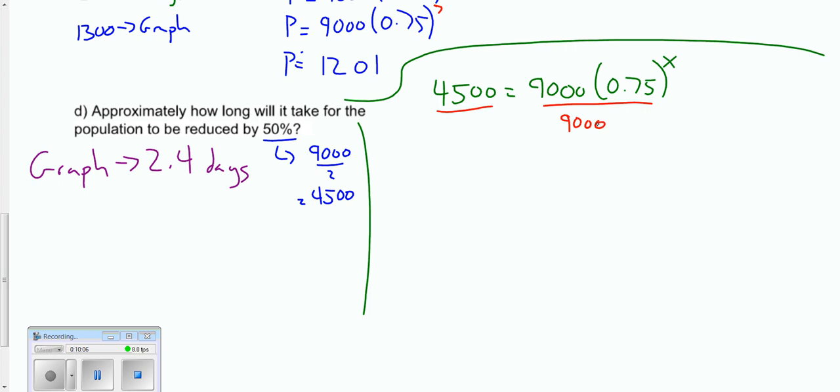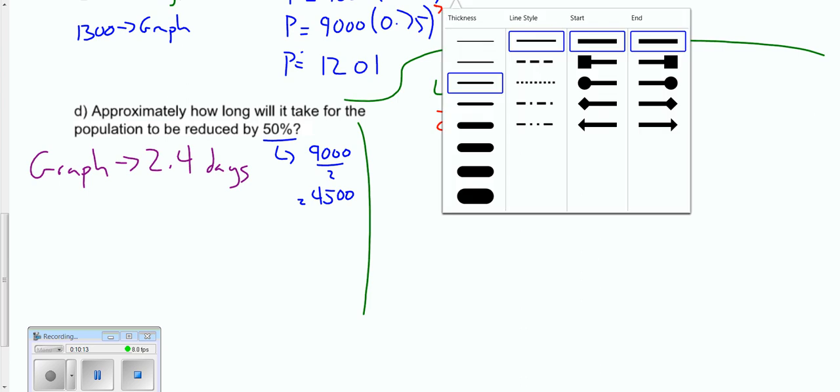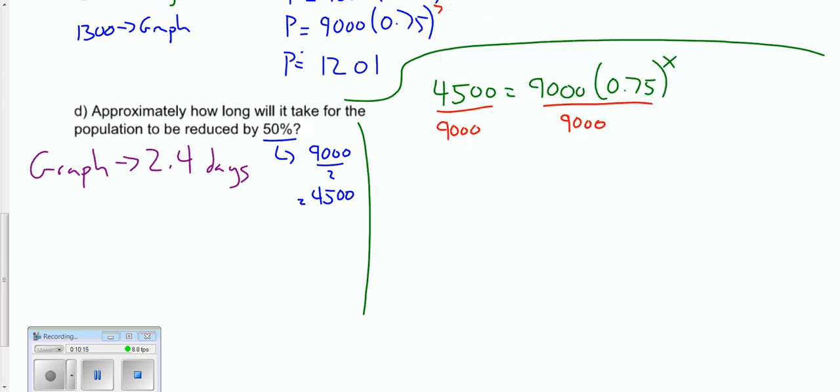So I'm just going to use some algebra here. Okay, and that's going to result in getting an answer of 0.5 is equal to 0.75 to the exponent x.